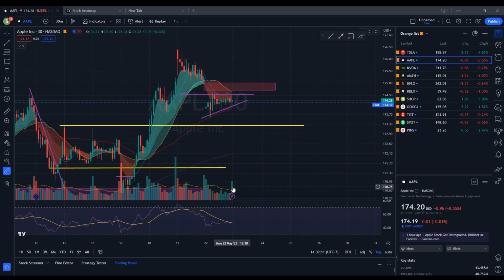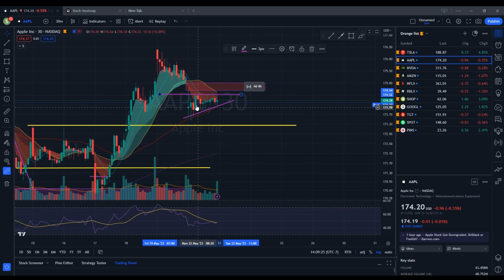We did have good volume at close, and the RSI is in the middle, so I can't really say which way it's going. But this flag that's forming, typically you want to wait for it to break here. It's wicked a few times, so definitely wait for confirmation before getting the calls.